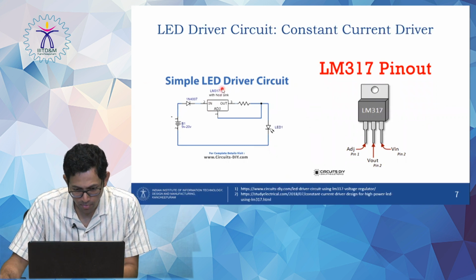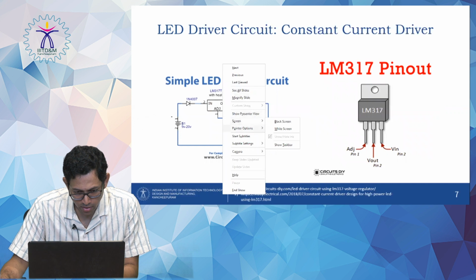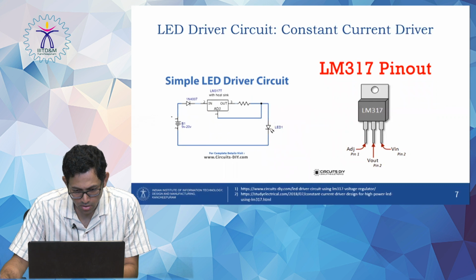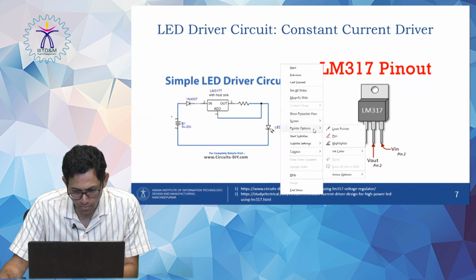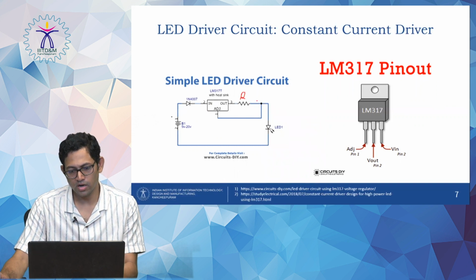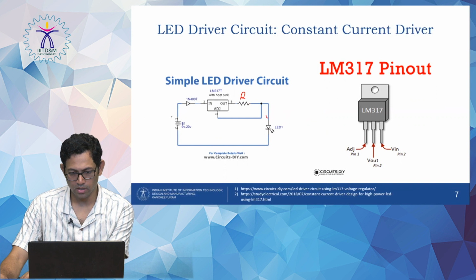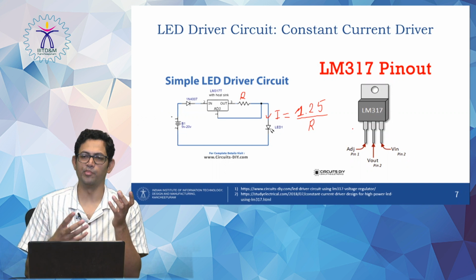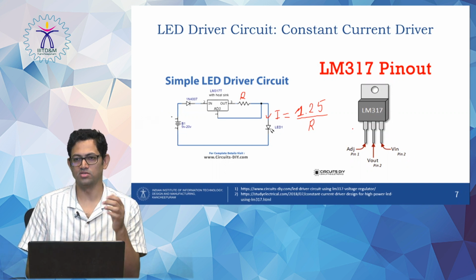So if this resistance is R over here, the current that is going through my LED is going to be almost 1.25 divided by R. So this is how the circuit is built with the LM317.